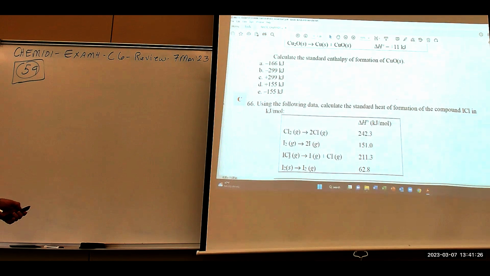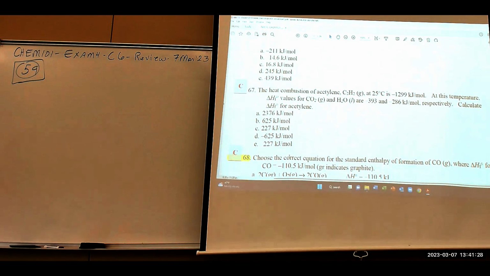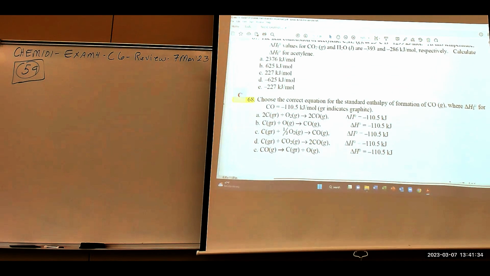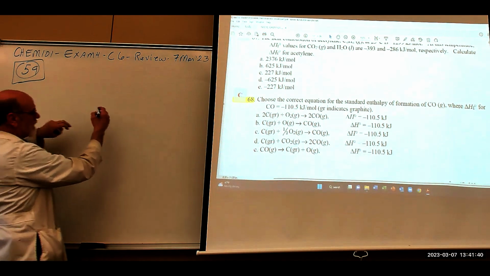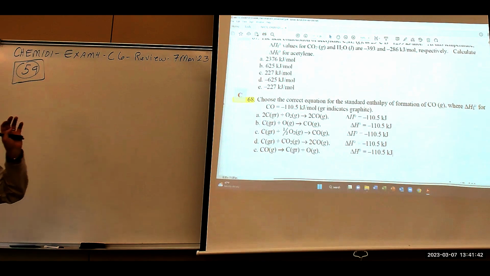Let's see. 68. Choose the correct equation for the standard enthalpy formation for carbon monoxide. Okay. Remember how you write the equation for the heats of formation?